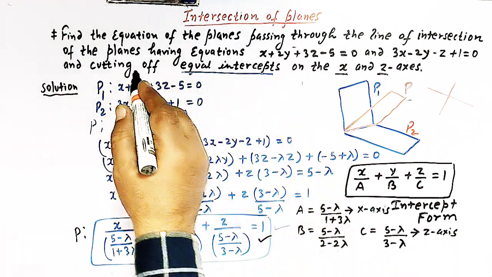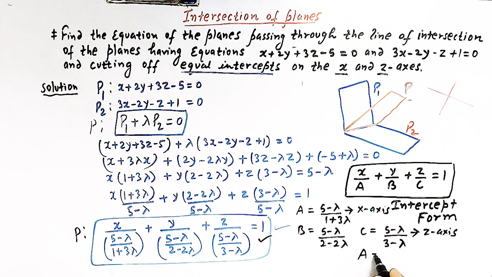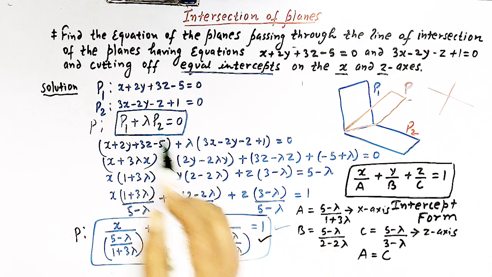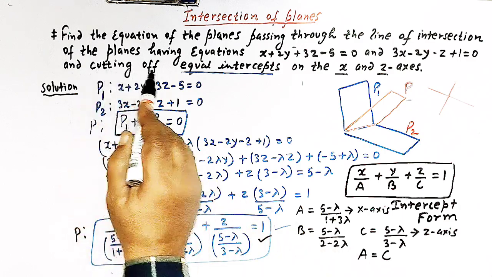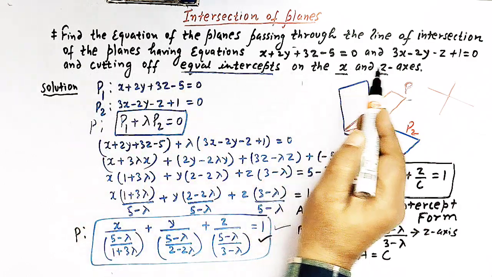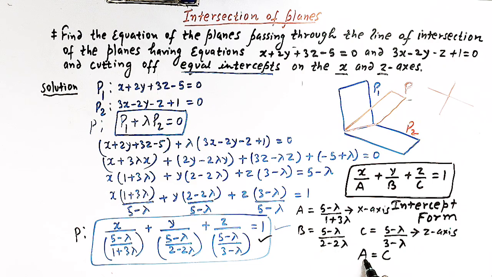So here we are given that a = c. The lengths of these two intercepts are equal, because we are given that the plane cuts off equal intercepts on the x and z axis. So we can now equate these two terms, that is (5 - λ)/(1 + 3λ) = (5 - λ)/(3 - λ).